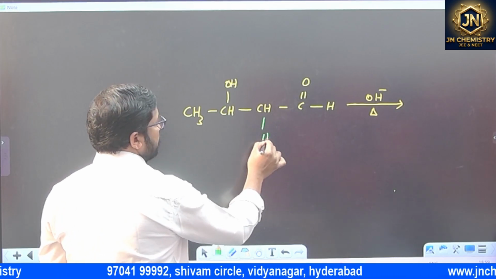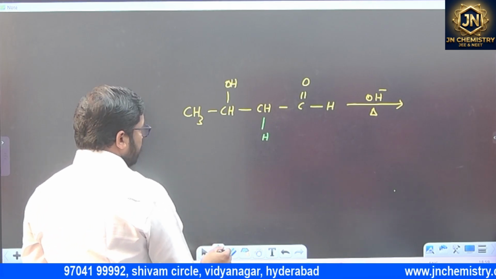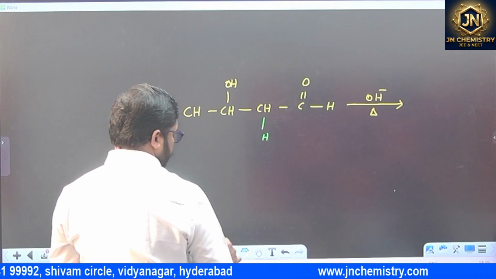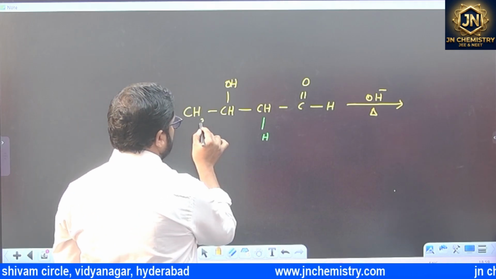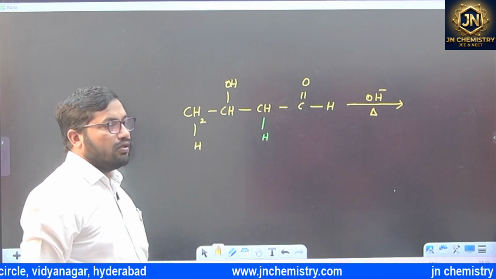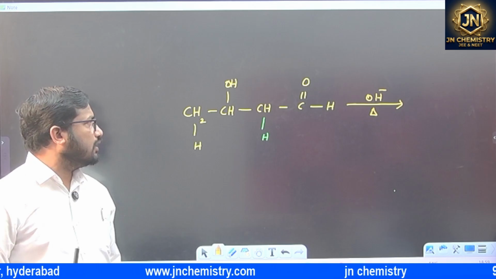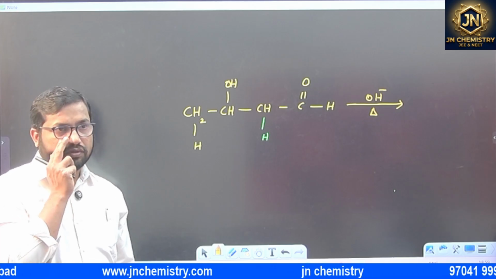So here is one green hydrogen. One more is the yellow hydrogen. Yeah, one is green hydrogen and one is yellow hydrogen. Tell me which hydrogen we need to remove.